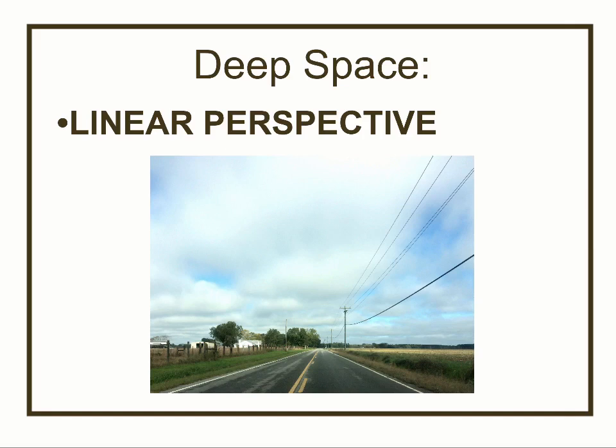The other thing you'll notice about linear perspective is that vertical lines that are the same height appear to get shorter. So look at those telephone poles on the right-hand side. They're about the same distance apart as when you go from one to the next, and they're all the same height.